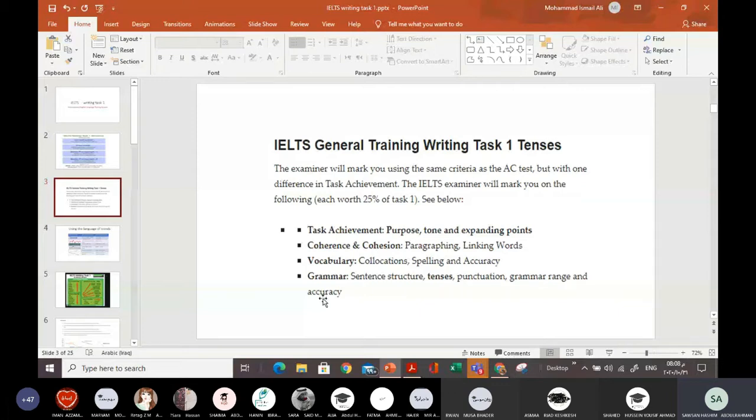So all of these things you should add in task 1. I just want to give you general information. When we apply, you will understand well.